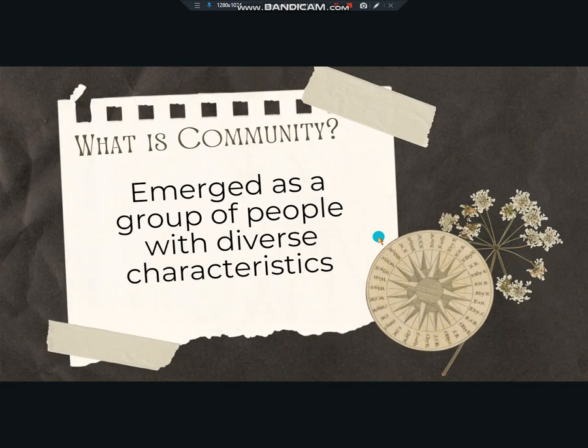A popular definition of community is a group of individuals with various traits who are linked by social ties, share common ideas, and engage in cooperative actions in specific geographic locations or contexts. In short, it emerges as a social group of people with diverse characteristics.